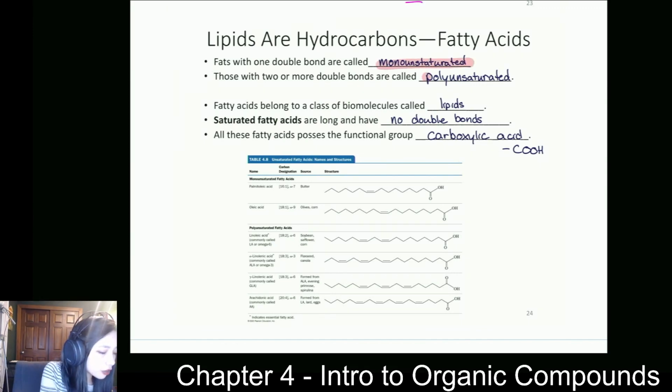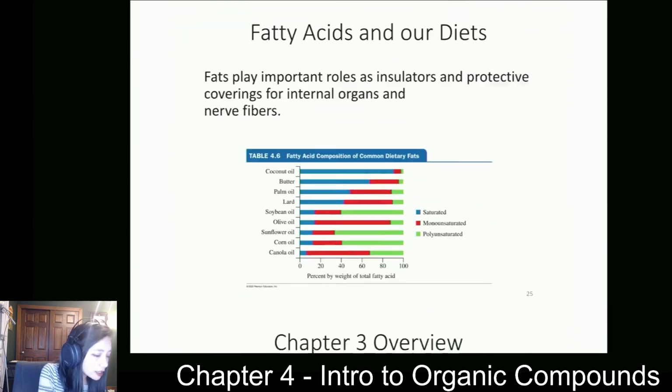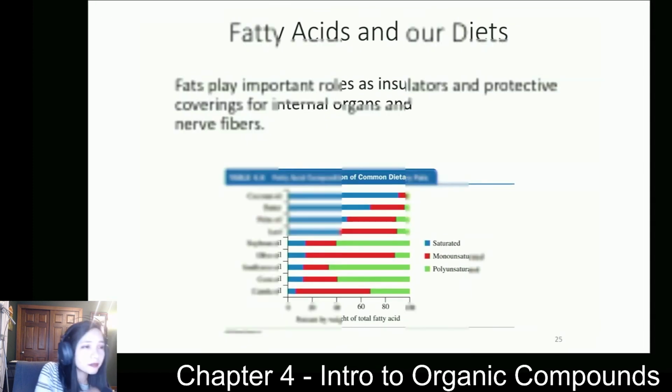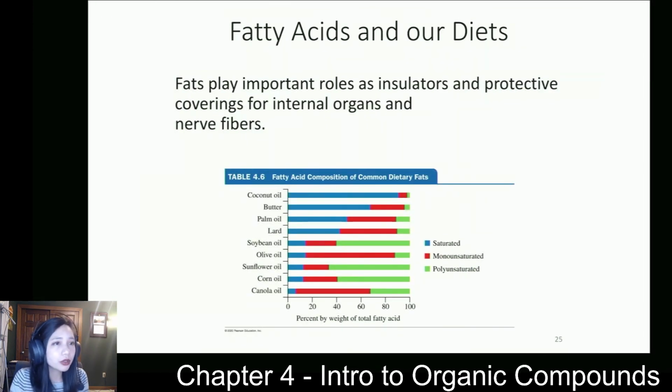And so to relate the idea of fatty acids, lipids, fats within our diets, I feel like most of us have heard of the terms mono, poly, saturated fatty acids in our diets, all right? And that some different oils or fats have different ratios of saturated versus mono versus polyunsaturated fats within our diet.